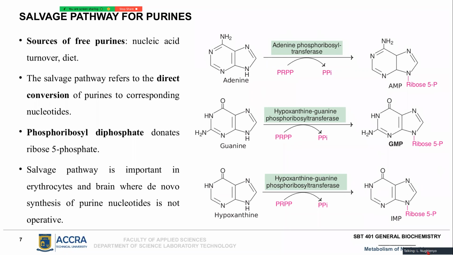Now, the salvage pathway is usually found in the red blood cells and brain cells where you do not have the de novo synthesis being operative. So, of course, you know that erythrocytes do not have nucleus in them, but that is the adult erythrocyte.